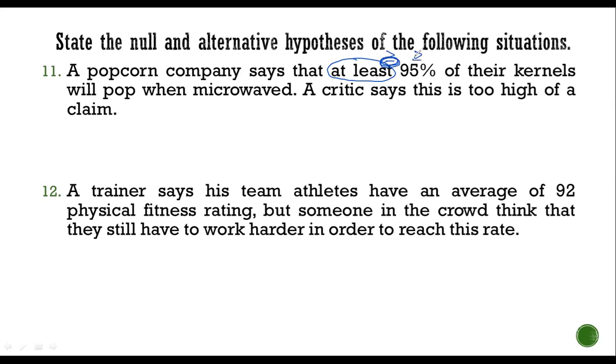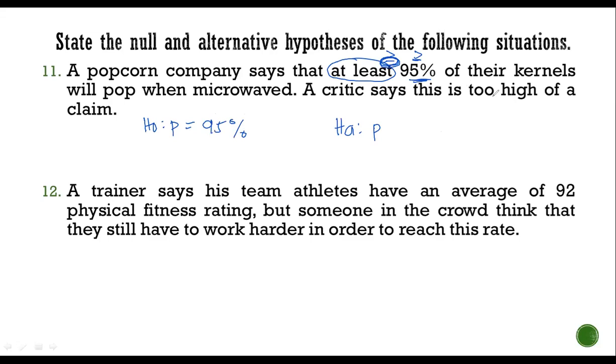So greater or equal to 95. Meron pa rin equal. So pwede pa rin ang 95% na gamitin na parameter value. Okay? So we have here your H0 and of course your HA. Percentage, proportion, proportion. So equal to 95%, pwedeng 0.95.